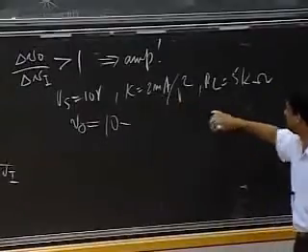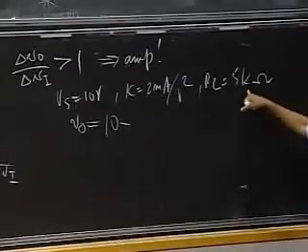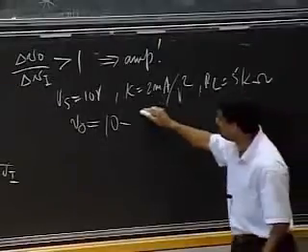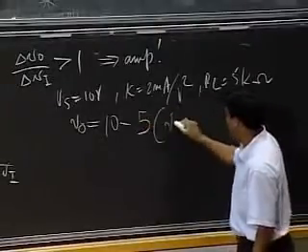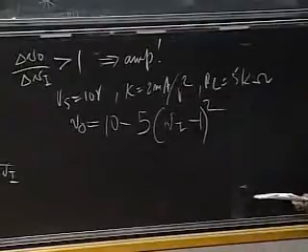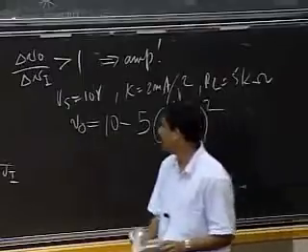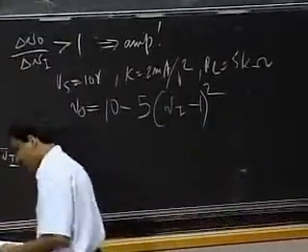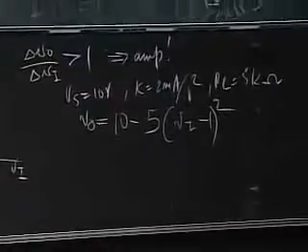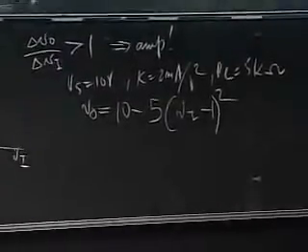K is 2 milliamps, and 2 milliamps times 5 kilo ohms is 10. Divided by 2 gives me 5. And (Vi minus 1) squared. That's what I have. So I just plugged in a bunch of numbers, and that's what I get.